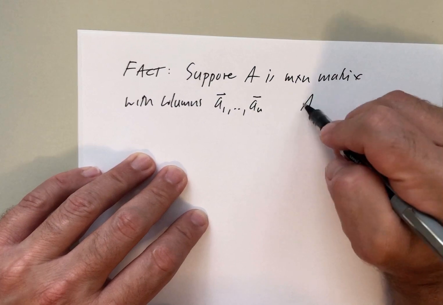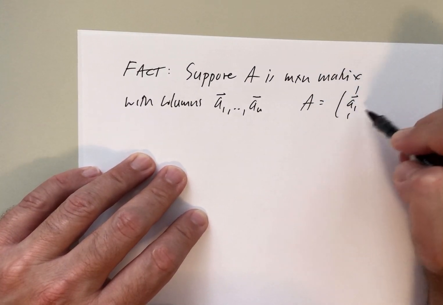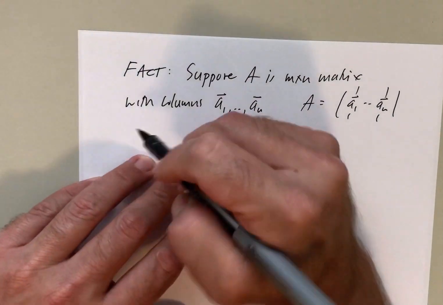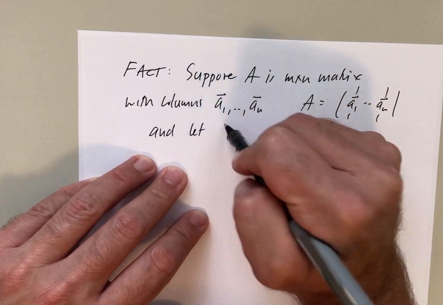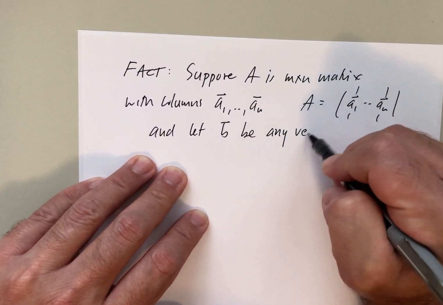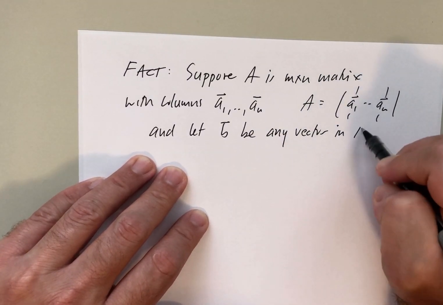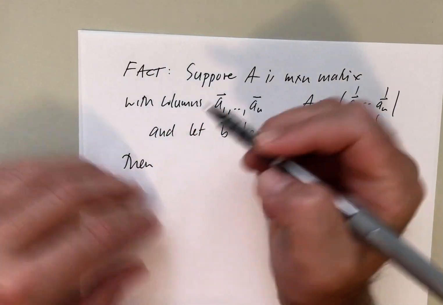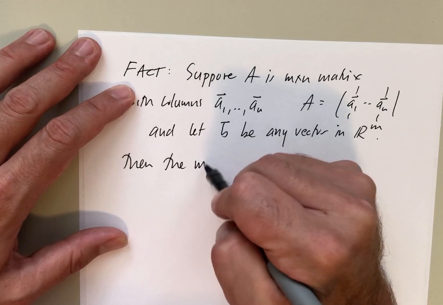So A is a matrix where your first column is A1, second is A2, etc. And let's let b be any vector in Rm.